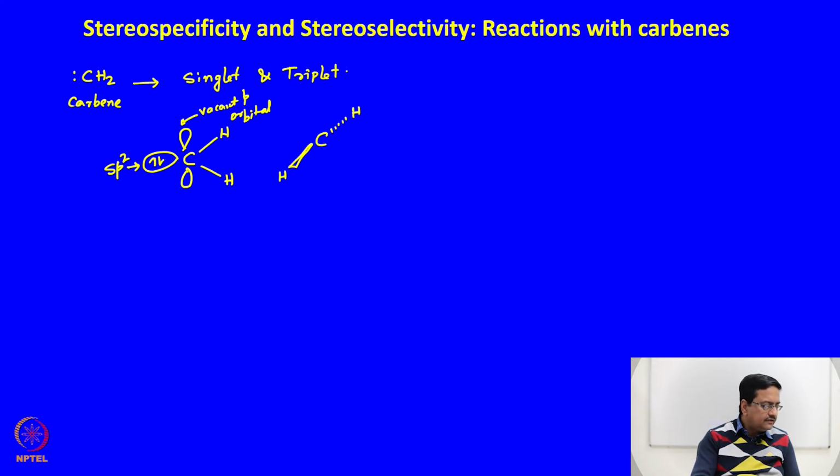In that you have two p orbitals, each one of them containing one electron.